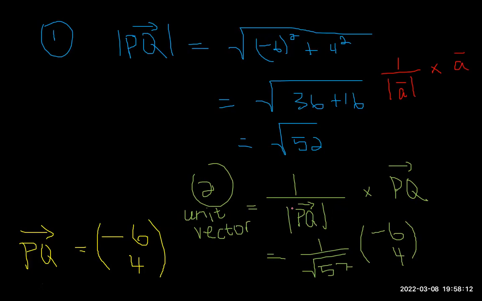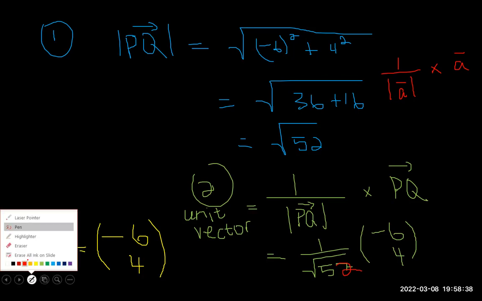So in this case, the magnitude of the vector would be the magnitude of PQ, which is root 52. So that's 1 on root 52, multiplied by the vector PQ, which is minus 6, 4. Are you good with that? Yes, Miss. Thank you. No problem.